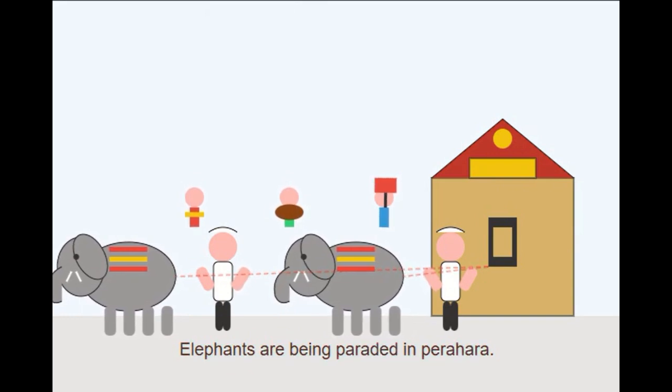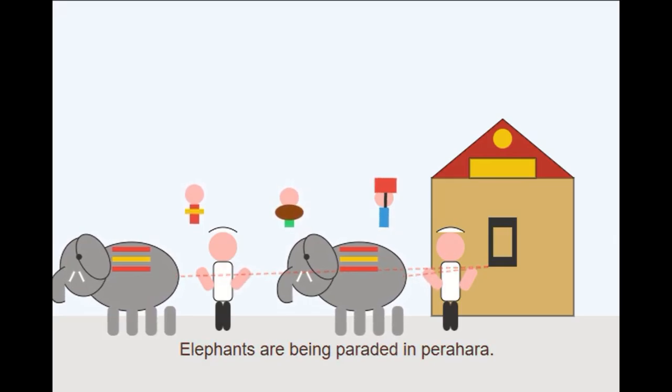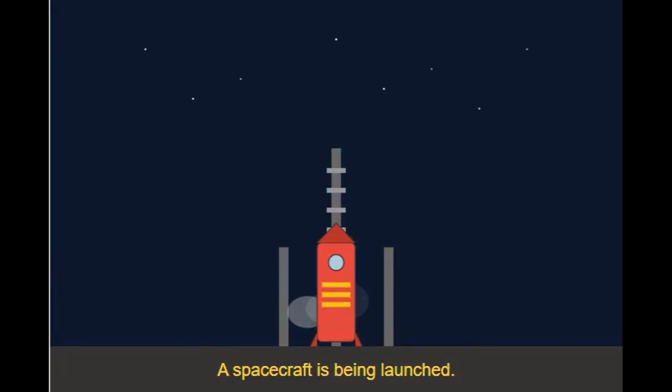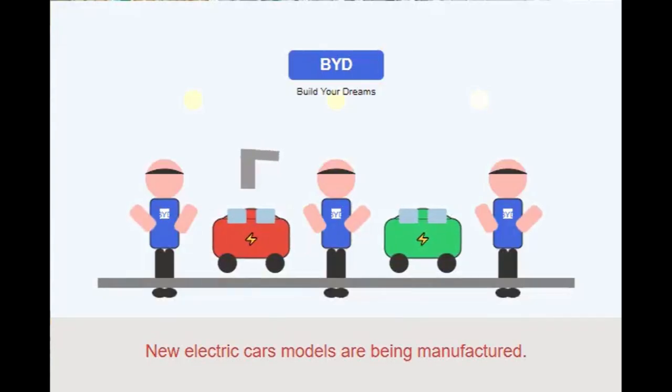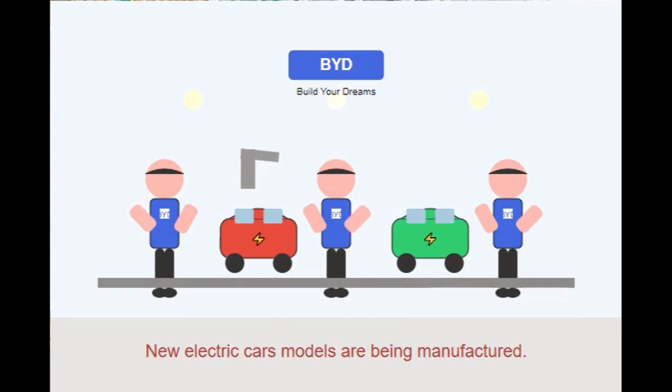Elephants are being paraded in Perahera. A spacecraft is being launched. New electric car models are being manufactured.